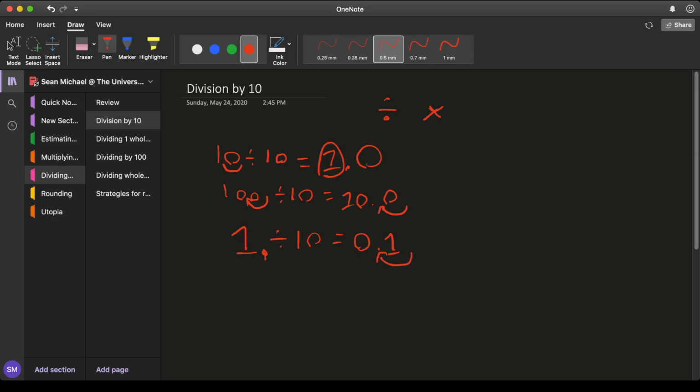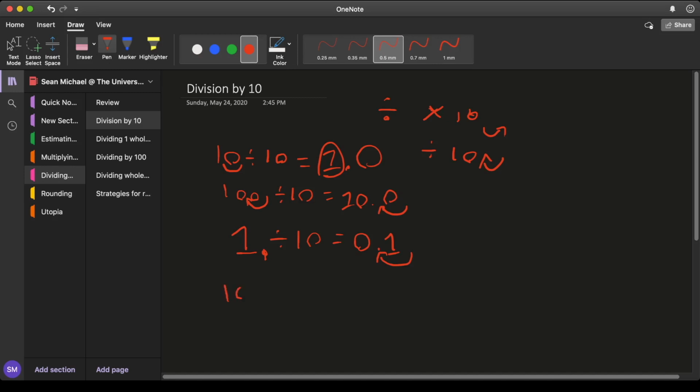When we multiply by 10, it goes over 1 to the right. When we divide by 10, it goes 1 over to the left. That's really important to know. When we're dividing, we're doing the opposite of multiplying, right?